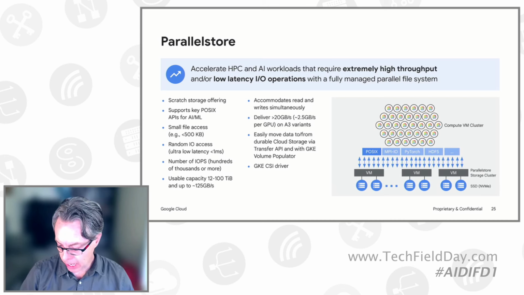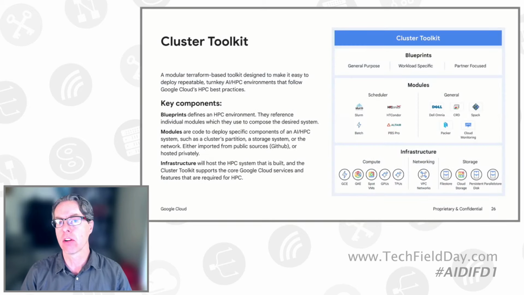I actually have a demo that I want to show as well. Our demo is integrating with another tool that's part of our infrastructure, called the Cluster Toolkit. Back to the AI supercomputer that Sean mentioned earlier, this sounds good, but if you're going to build something on your own, it turns out it's pretty complicated to deploy all the compute, networking, and storage, then your scheduler, and configure it all together to make it work as a cohesive system.